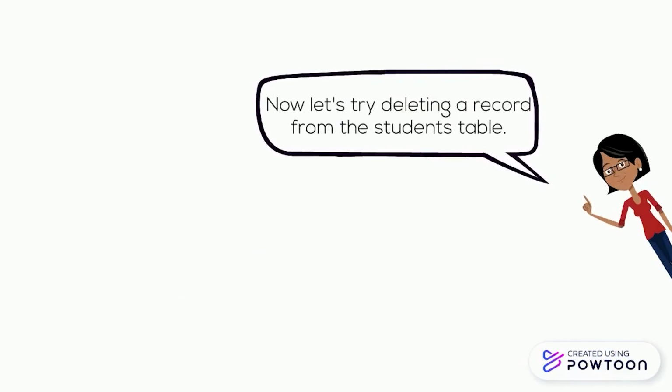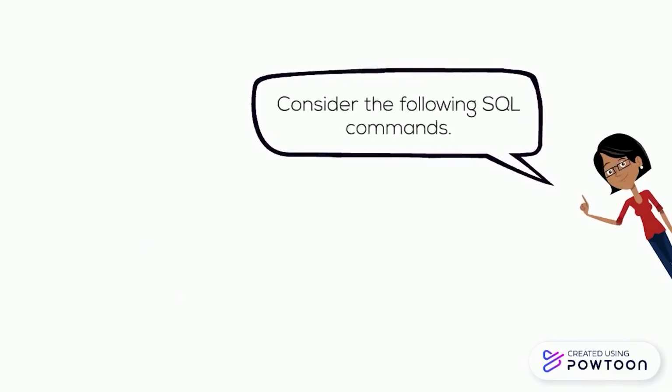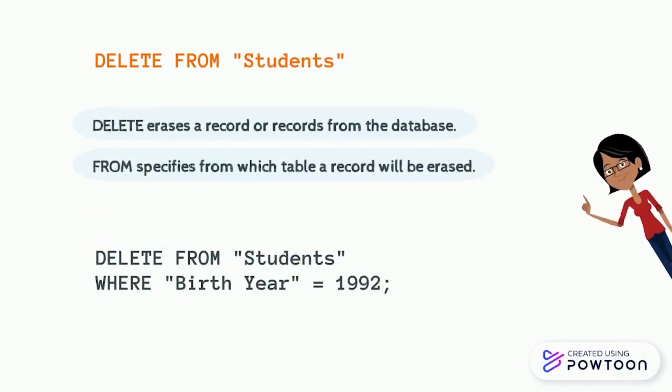Now, let's try deleting a record from the students table. Consider the following SQL commands. Delete erases a record or records from the database. From specifies from which table a record will be erased.